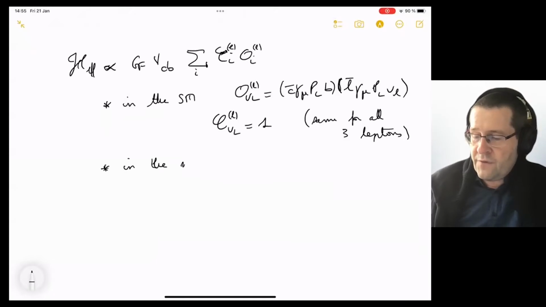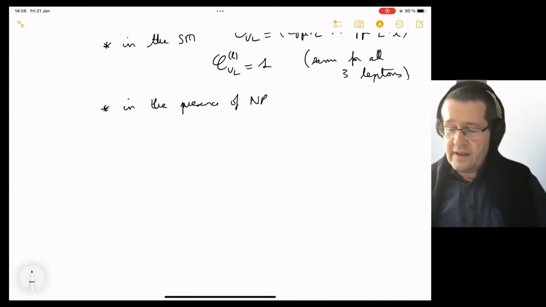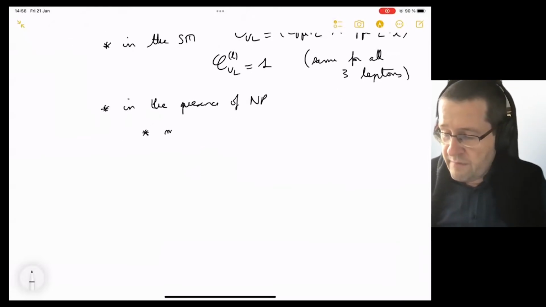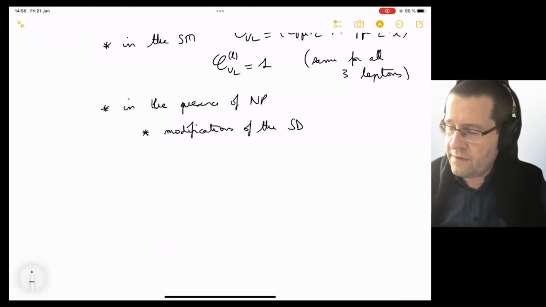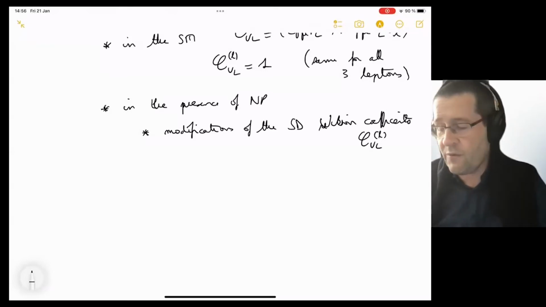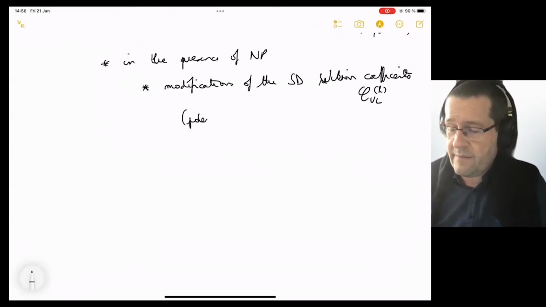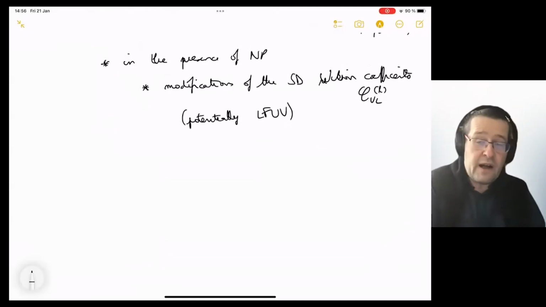In the presence of new physics, then I can have modifications of the short distance Wilson coefficient, the Wilson coefficient C_VL, and the modification does not have to be the same for all 3 leptons, potentially lepton flavor universality violating.